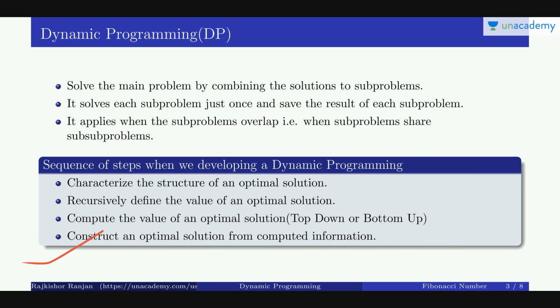Otherwise, if we only need the optimal value, that means the final result, then we can get it from the third step and there is no need to go for the fourth step. These are the sequence of 4 steps we need to use whenever we develop a dynamic programming algorithm for solving any problem.